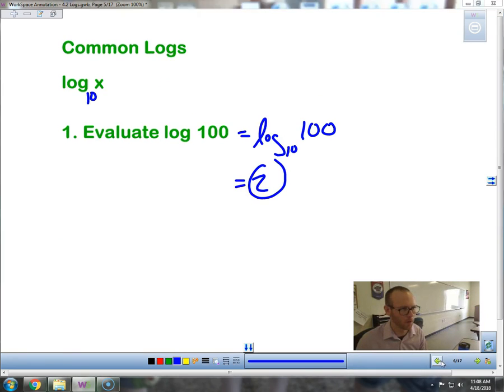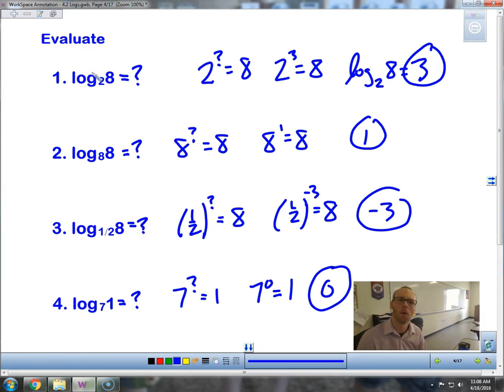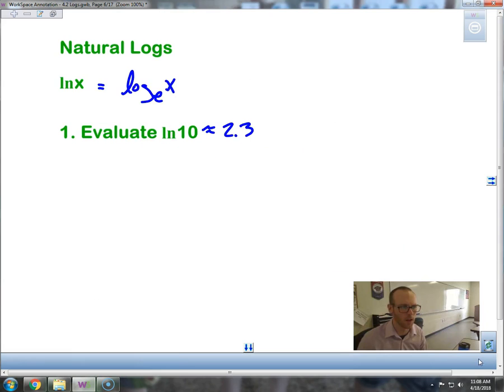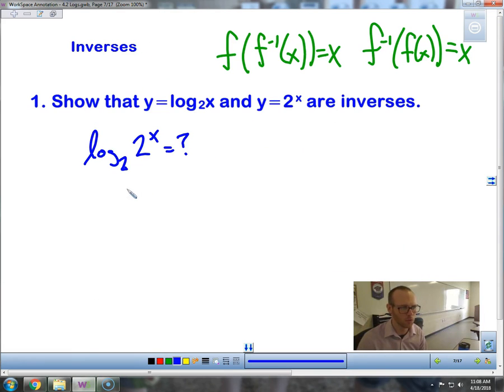Remember, we'd say 2 to the what power is 8? Well, here I'm going to ask myself, 2 to the what power is 2 to the x? What does that question mark have to be? It has to be x. Notice when I substituted one into the other, they cancel each other out.